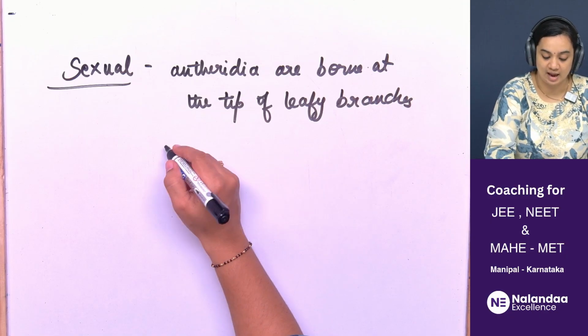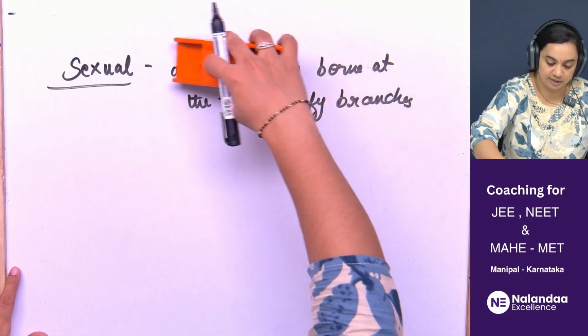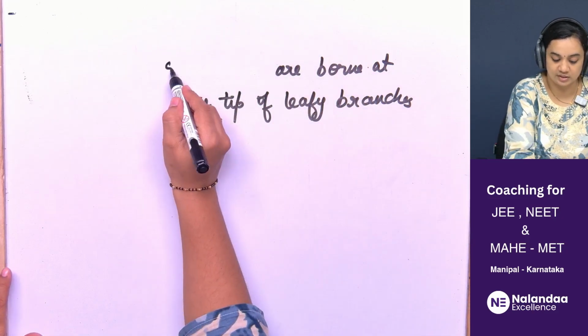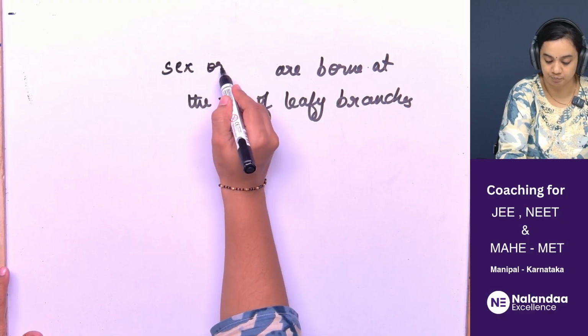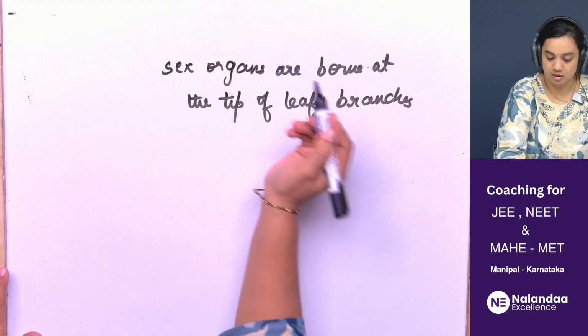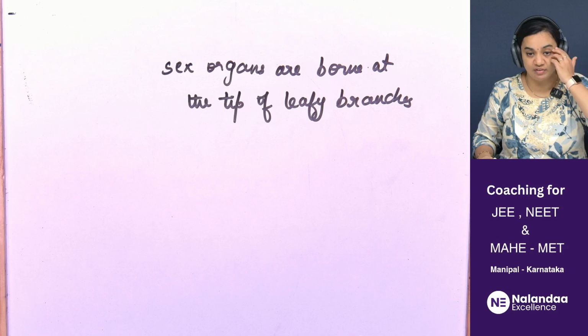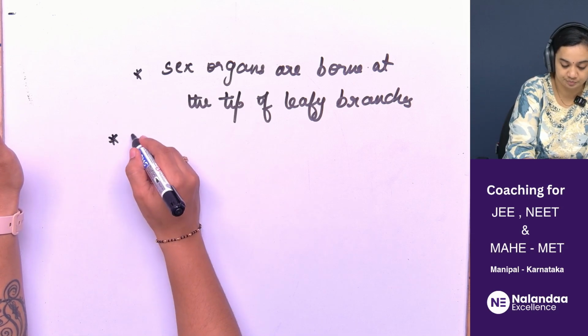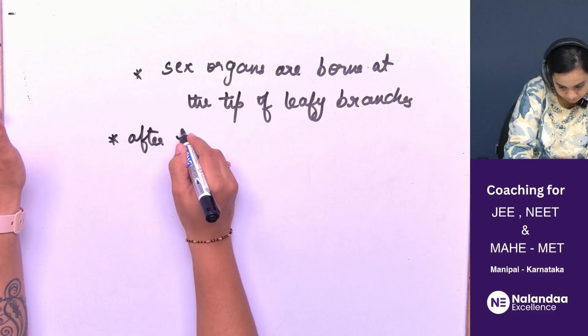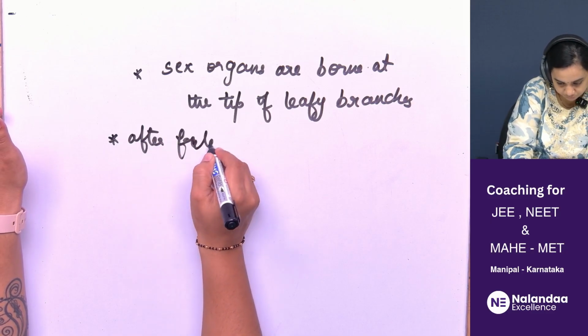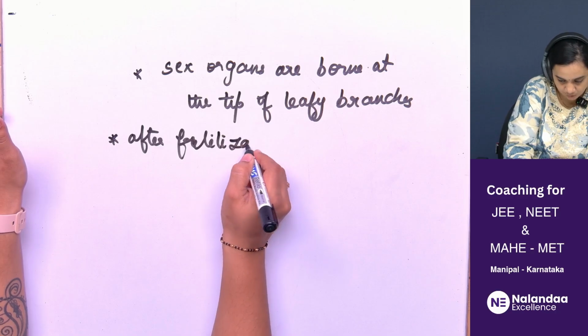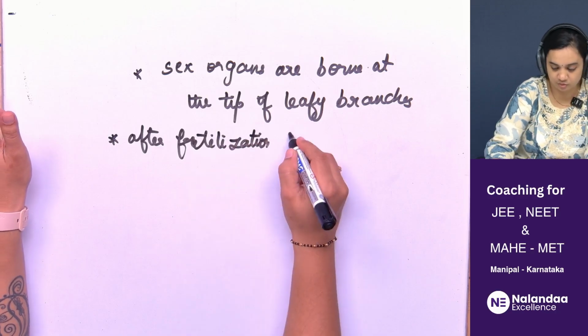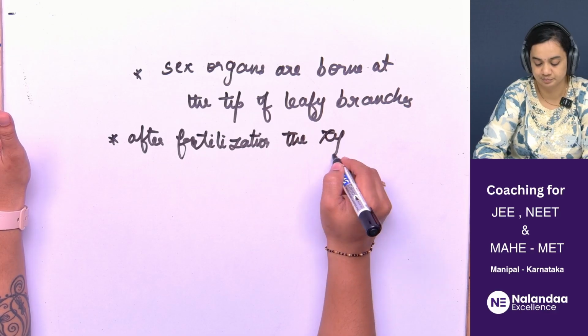So antheridia and archegonia, basically sex organs, are borne at the tip of leafy branches, and after fertilization, the zygote forms the sporophyte.